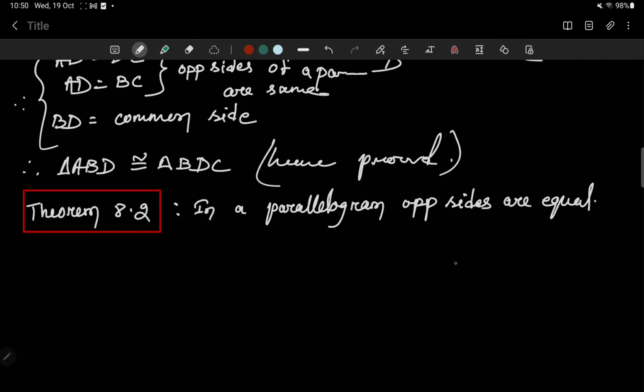So this is the reverse of theorem 8.1, where you already proved that both the triangles are congruent.